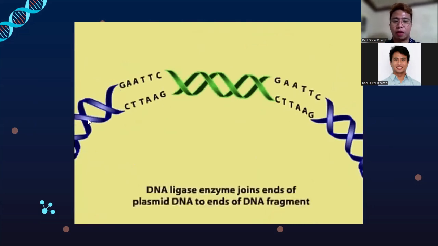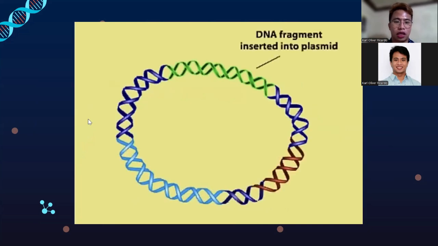Okay, so ayan, magbabind na po siya sa ating DNA, by the enzyme DNA ligase, creating a recombinant plasmid. Again, yung DNA ligase po natin nag-serve as parang siya yung pandikit natin dun sa plasmid. So, yung DNA fragment na natin is inserted now into the plasmid. So, it will look like this.